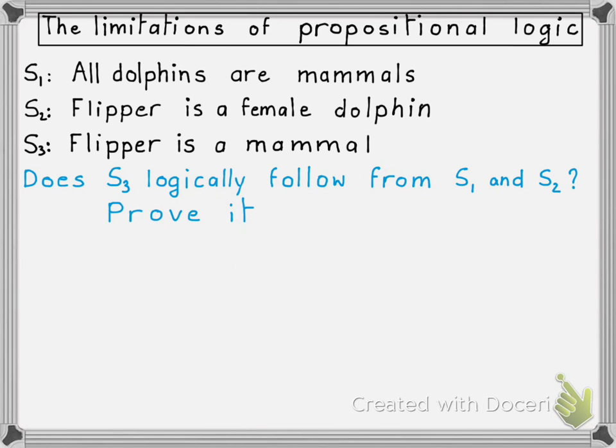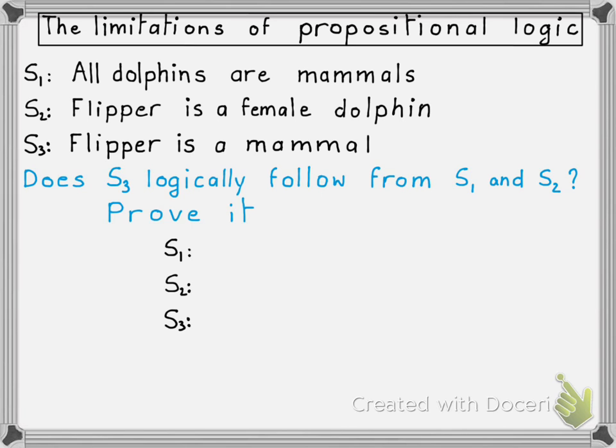The first step in proving the validity of the argument is to convert its English statement into logic. So let's start with sentence S3, since it's the shortest one. Flipper is a mammal. It is a declarative sentence that's either true or false.